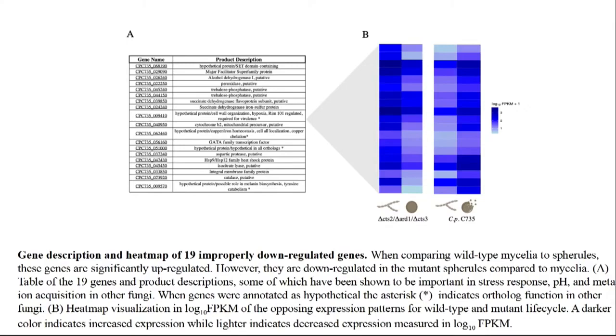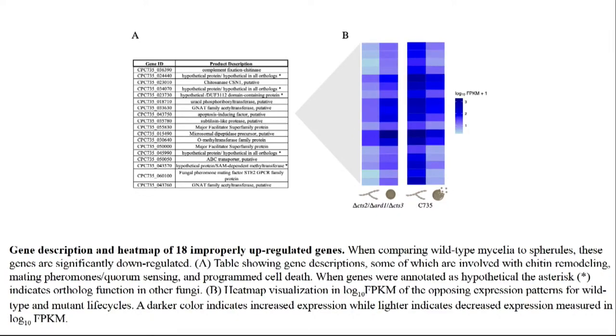Many of them, again, are hypothetical, but there are some heat shock proteins, catalases, some mitochondrial associated genes, trehalose genes, alcohol dehydrogenase, and some genes that we know in other fungi are important for pathogenesis. So this is an interesting group of genes to further investigate. Next slide, please.